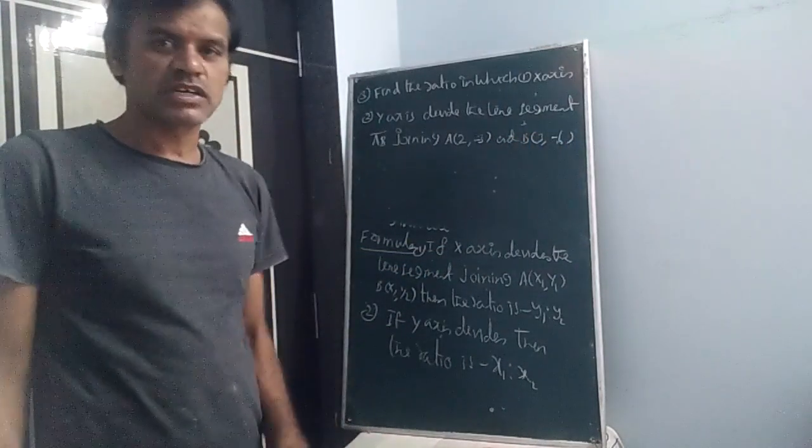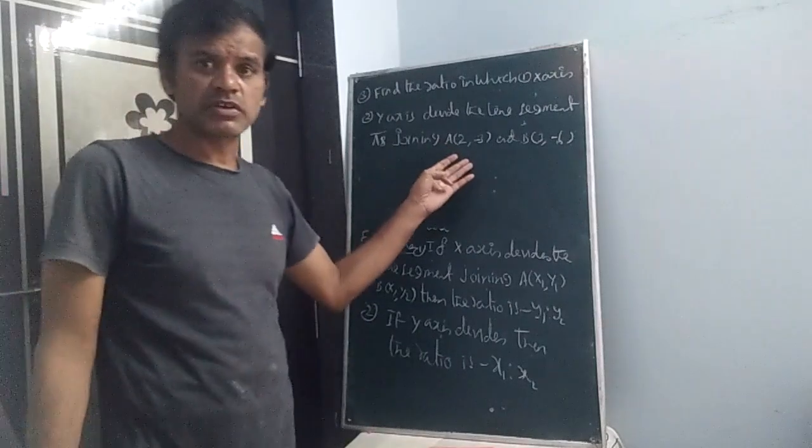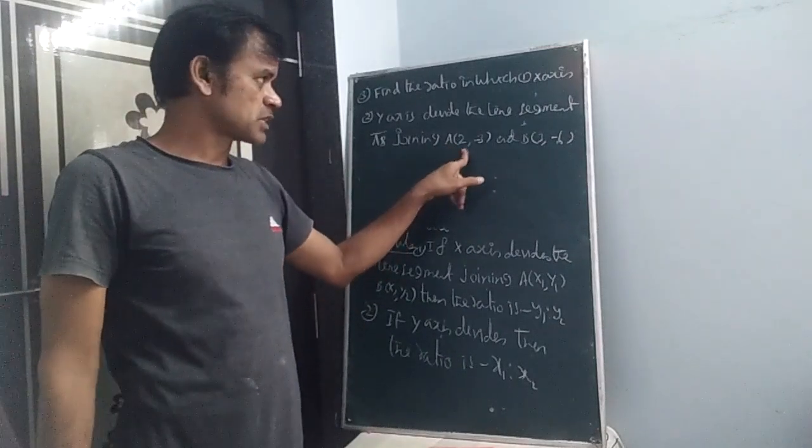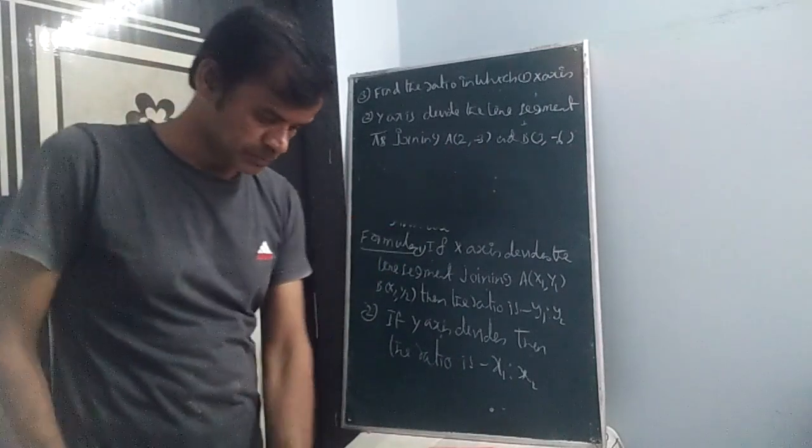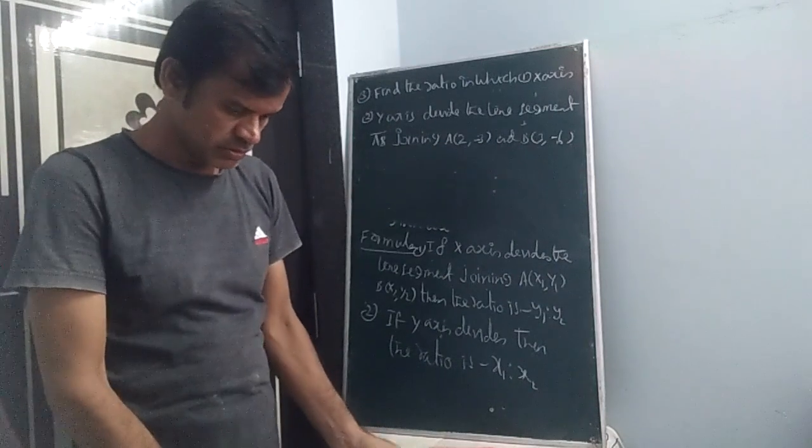Using the formula -x1 : x2 and -y1 : y2, we can calculate, because this is x1, y1 and this is x2, y2. Calculate using the formula.